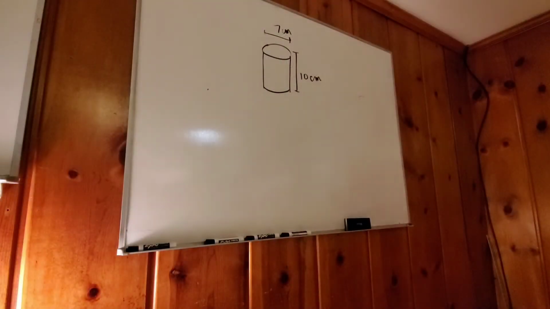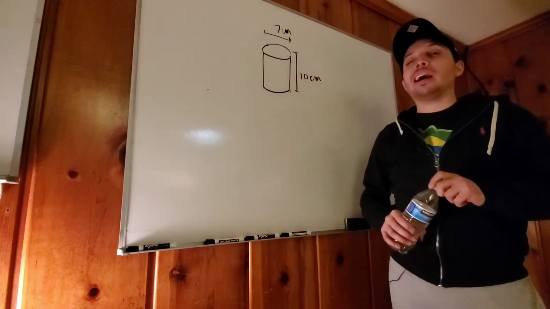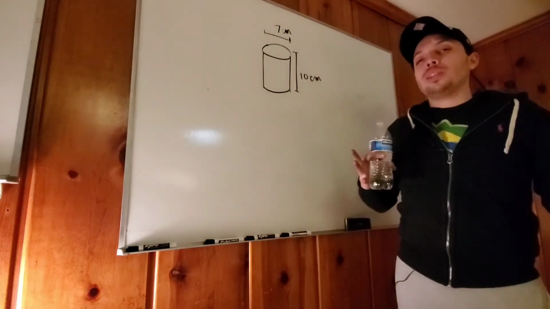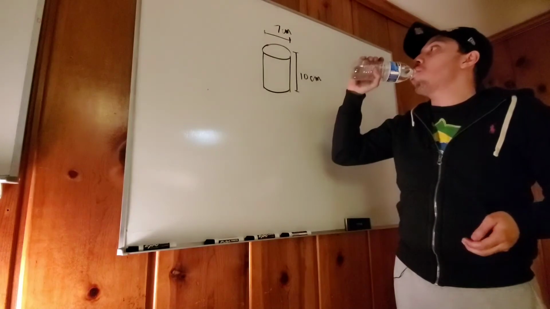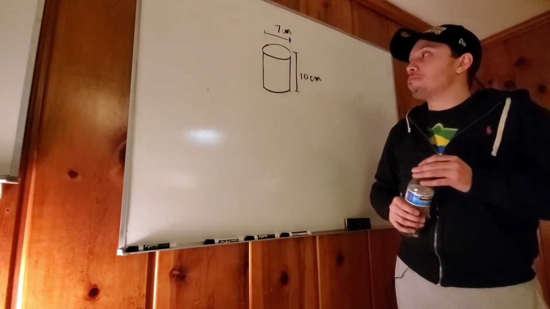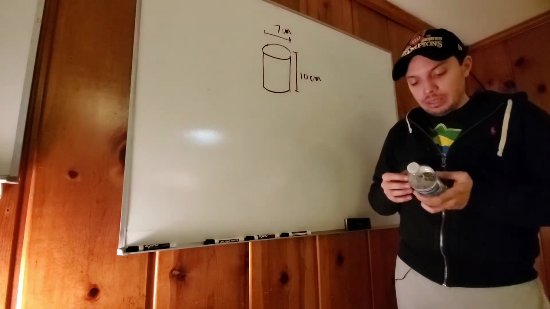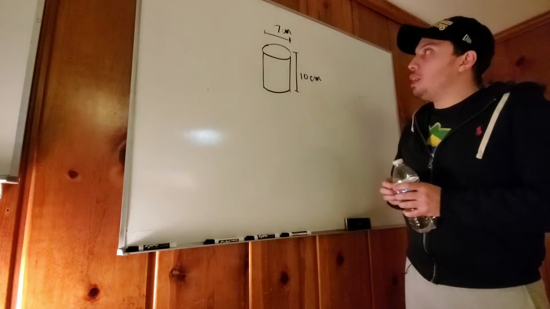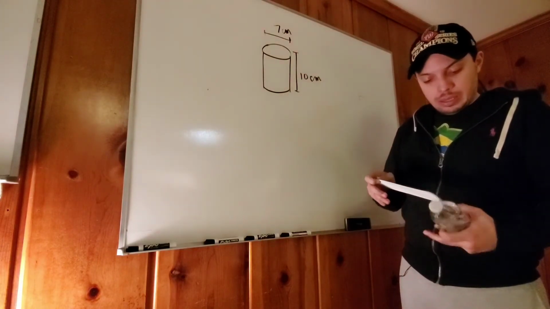Okay, example number 2. This is actually something that I'm going to use my bottle of water to show you. And I'm going to explain this the way that I've been explaining it for many years now, which is with the label of my water bottle. So what happens here is that we have a cylinder.